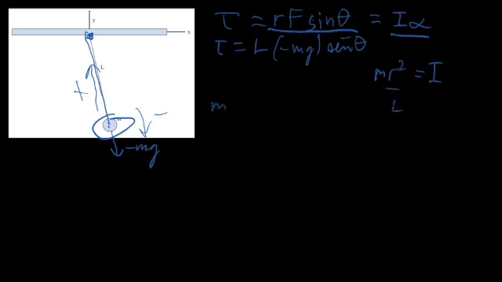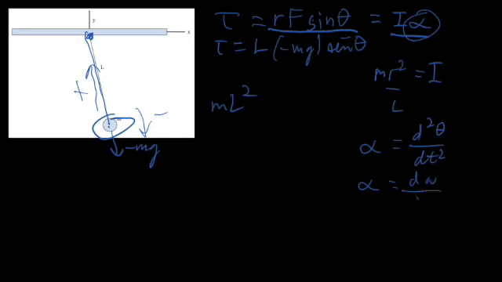So we have mL squared times this acceleration, and that acceleration equals the second derivative of the angle with respect to time, and it also equals the first derivative of the angular velocity with respect to time.